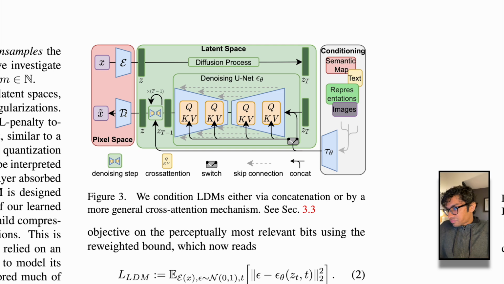Interesting. But the main caveat is about the conditioning. How is the conditioning being given? Conditioning can be given as a semantic map, text, representations, or images. What is a semantic map? I don't know if you have heard of semantic segmentation. Image detection or localization has various kinds of segmentation, basically dividing the image into various boundaries.